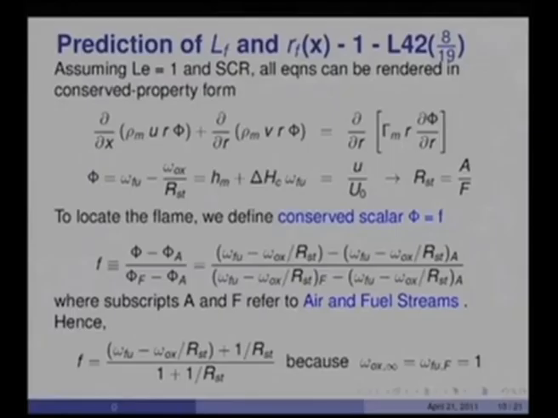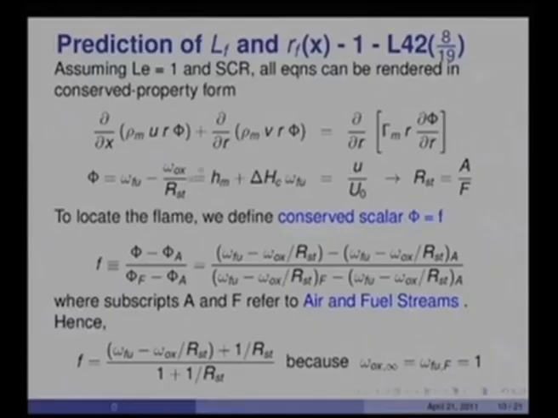Now, we want to turn to prediction of flame length and radius. Assuming Lewis number equal to 1 and a simple chemical reaction as we have done, all equations can be rendered in conservative form of this type.